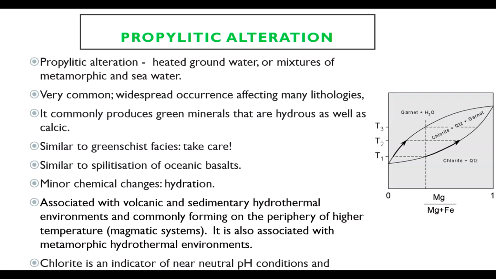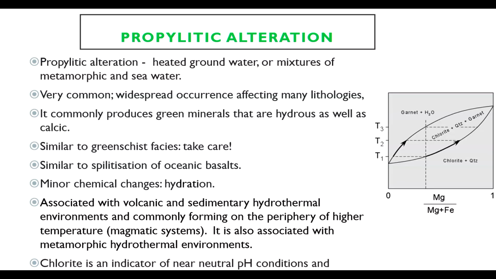It's very common, and part of the reason it's common is because the minerals that form overlap with the greenschist facies. So we have to take care. Greenschist facies metamorphism is far more common than propylitic alteration. But, you know, that's life. We have to get used to it, and there's a broad overlap in their processes.